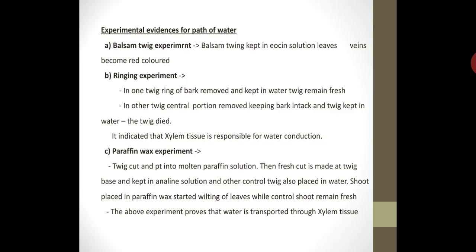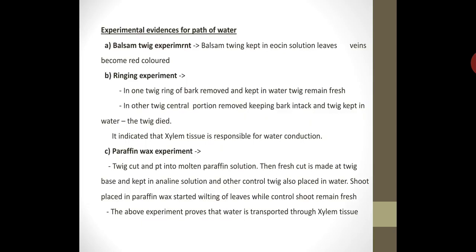Two balsam twigs were put into conical flasks, one containing eosin solution and another containing pure water. The lower end of the balsam twig was cut slanting, and then the twigs were put into the conical flask containing eosin and water solution.